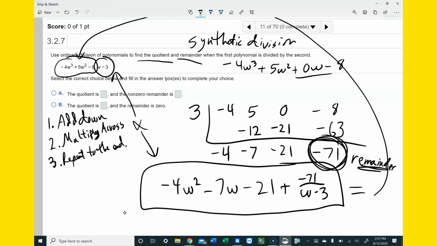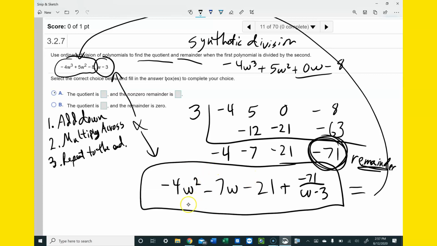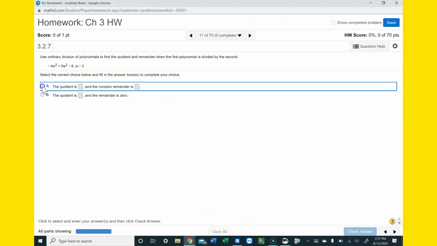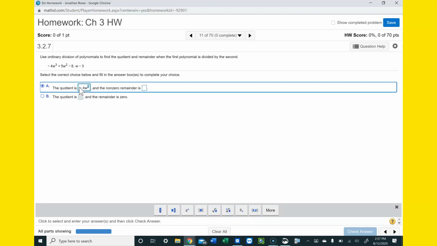Alrighty, so let's see if I can type that answer in the way it wants me to. The quotient is, I have to go back to my negative 4w squared minus 7w minus 21. The quotient is negative 4w squared minus 7w minus 21.